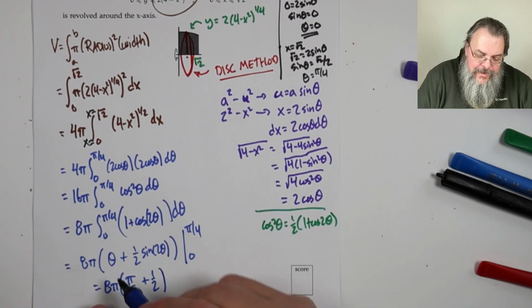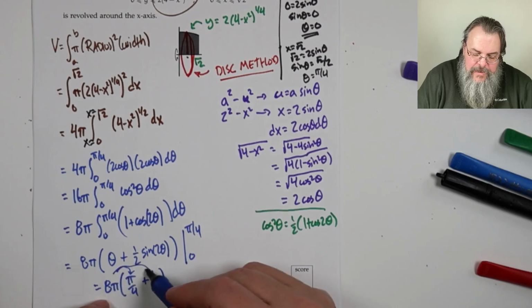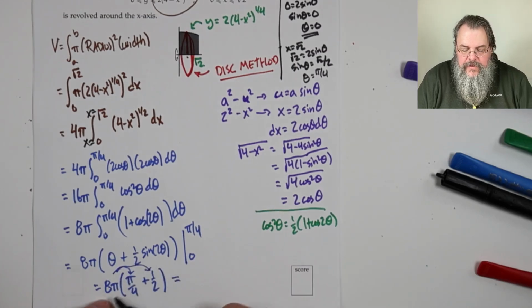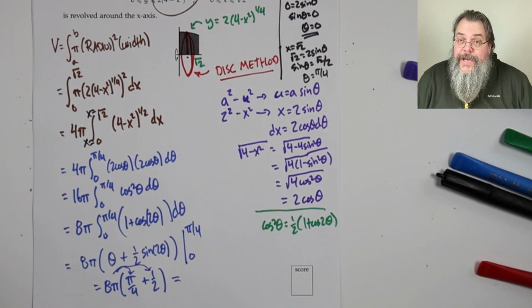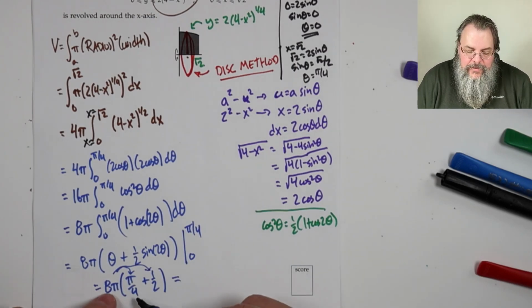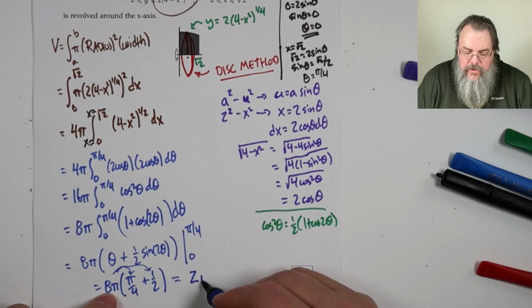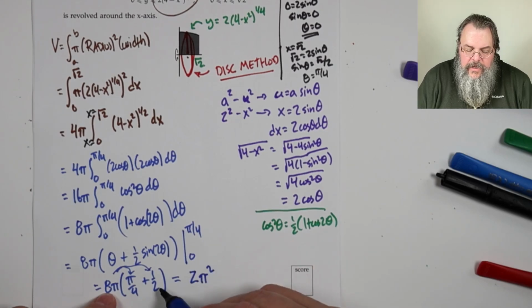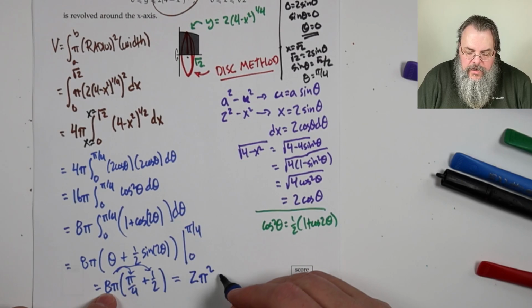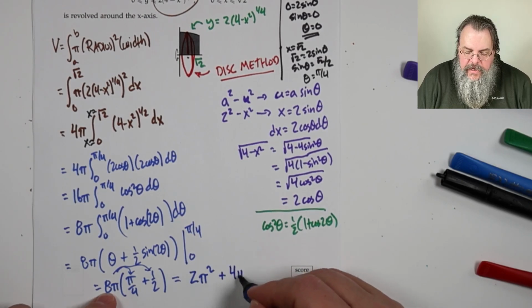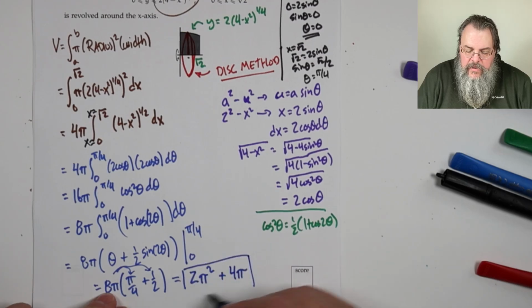Last step, distribute it out, because if you multiply in, the fractions will go away. 8 divided by 4 makes 2, so 2 pi squared. 8 divided by 2 is 4, plus 4 pi, and there we go.